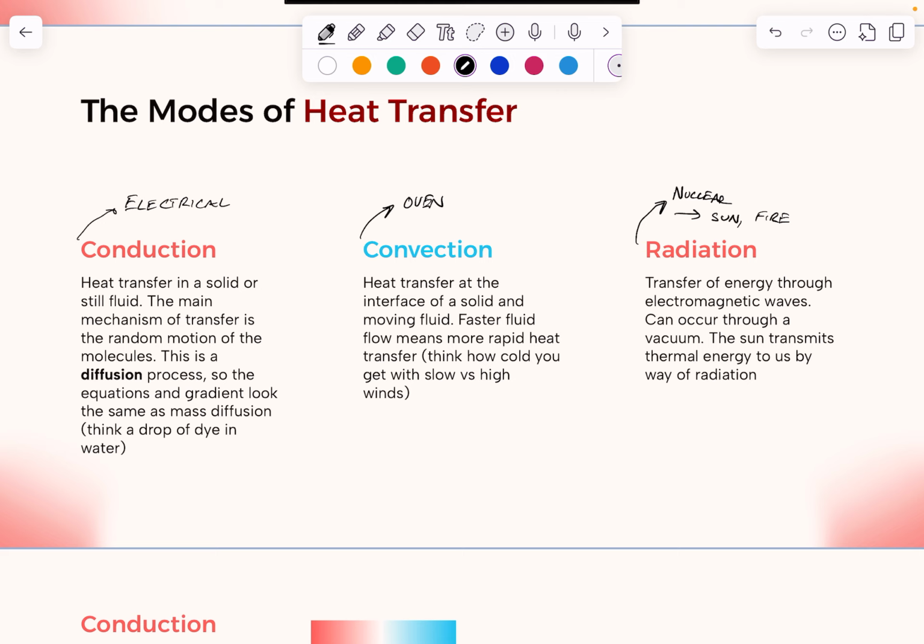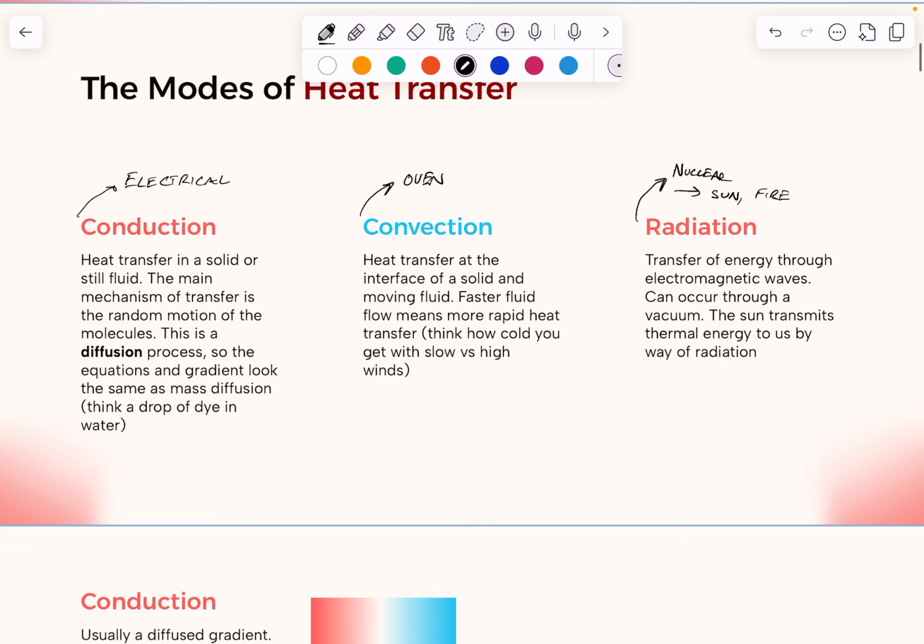And now radiation is a different ball game, and that's the transfer of heat through electromagnetic waves. And this is the only thing that can occur through a vacuum. These two need a medium to act through.